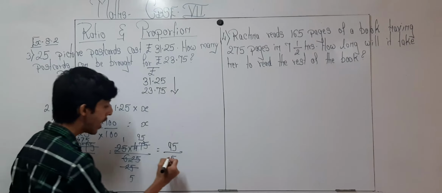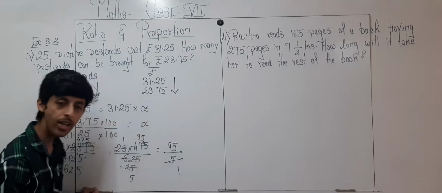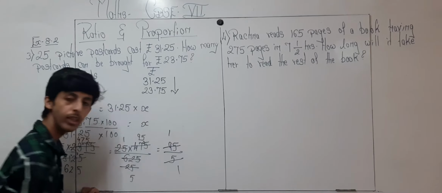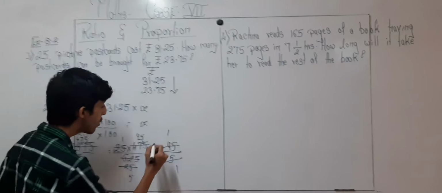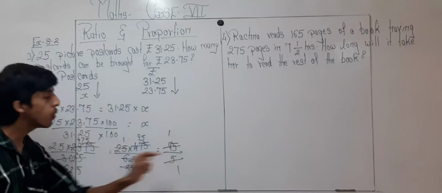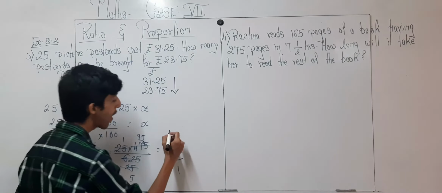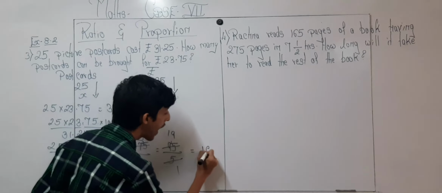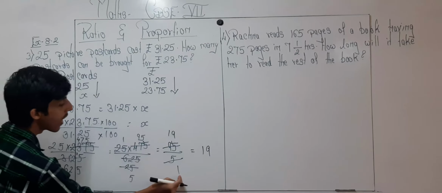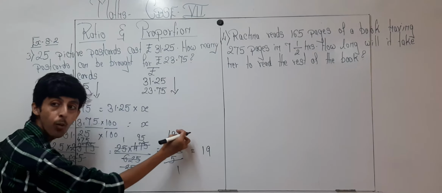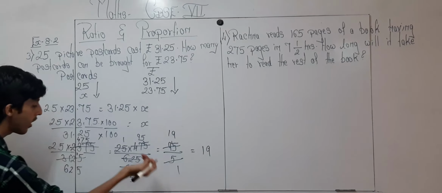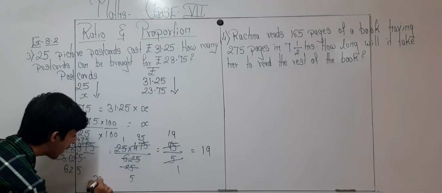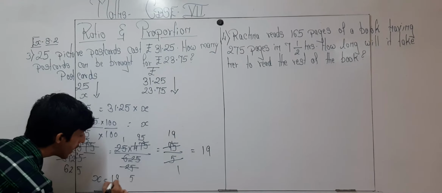When cutting, 5 1 are 5, 9 minus 5 gives 4, and 5 9 are 45, which is equal to 19, because any number upon 1 is the same number. So what is my value of x? My x is equal to 19.